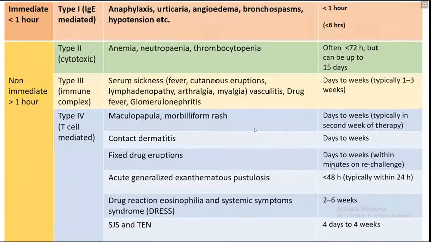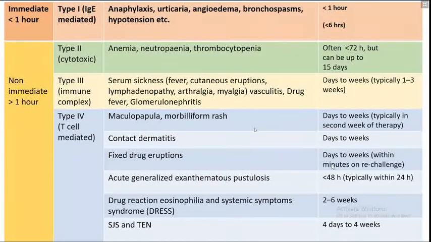So we are mostly concerned with type 1 or immediate type hypersensitivity reactions, which usually occur within minutes of starting the culprit drug. And the non-immediate reactions could be various types with various presentations, and sometimes they can also present as a severe reaction, severe cutaneous adverse reactions, such as DRESS, SJS, and toxic epidermal necrolysis. So they can also have severe reactions.